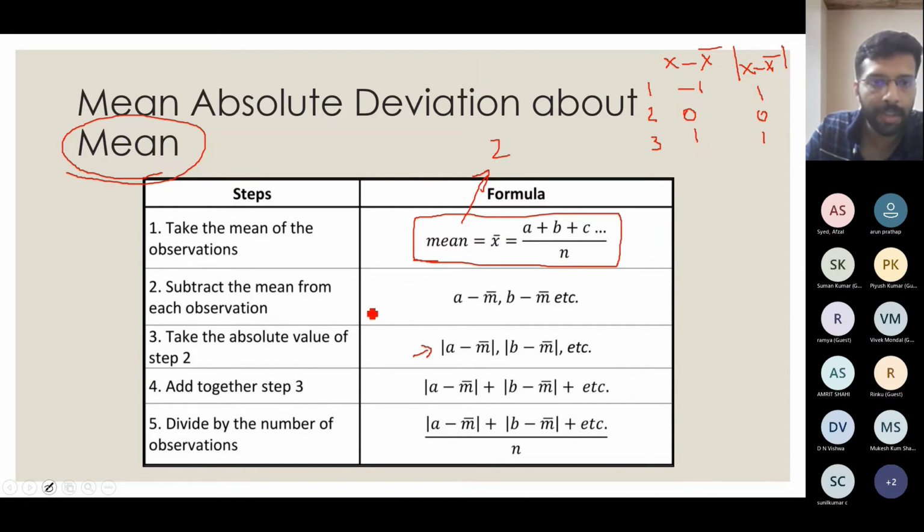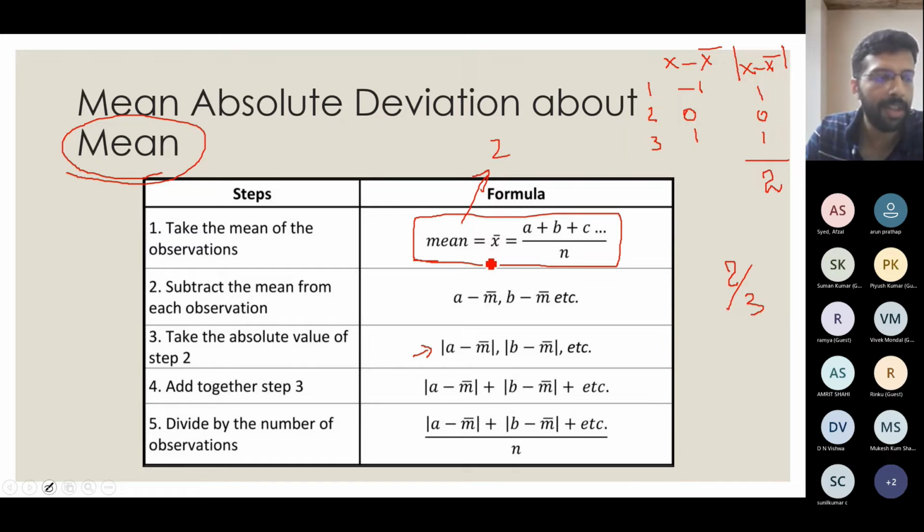The next step is to add all these. The addition will come as 2. Then you divide it by the total number of data points, in this case 3. So 2 by 3 will be the mean absolute deviation about mean for this particular data, which contains the sample points 1, 2, 3.